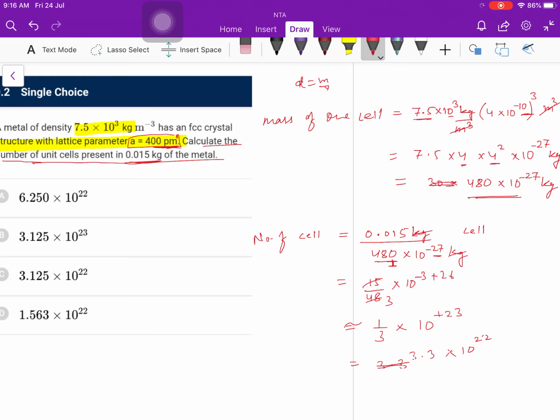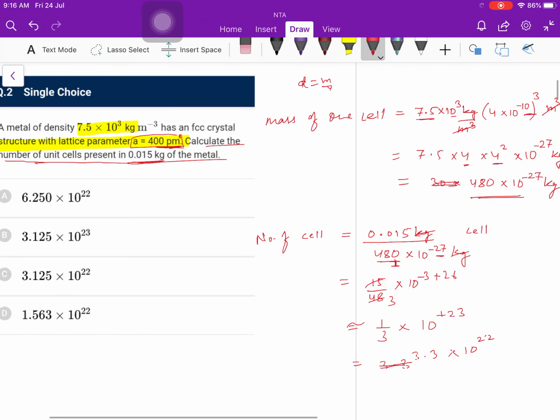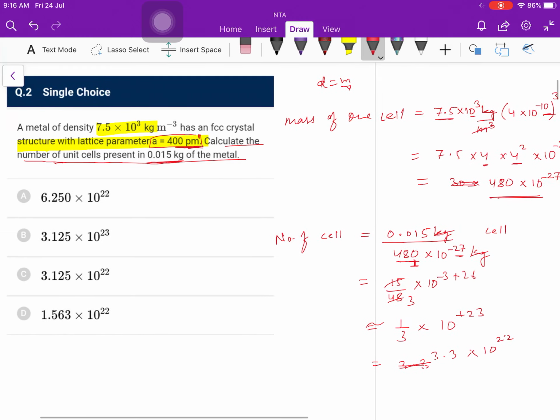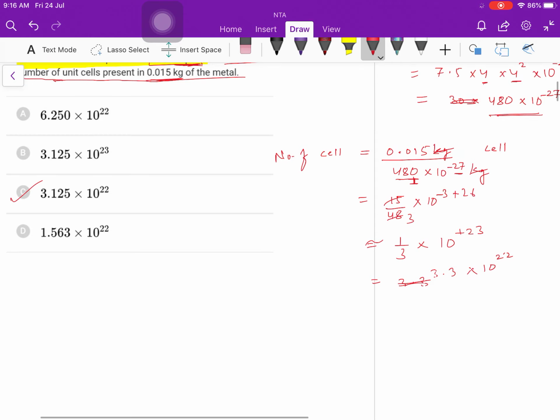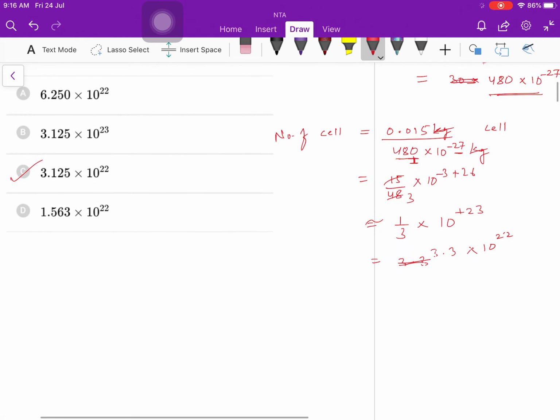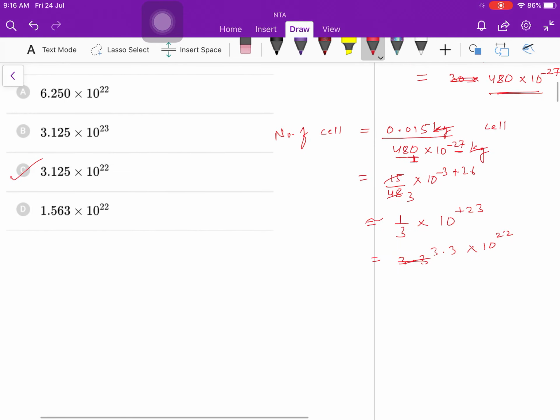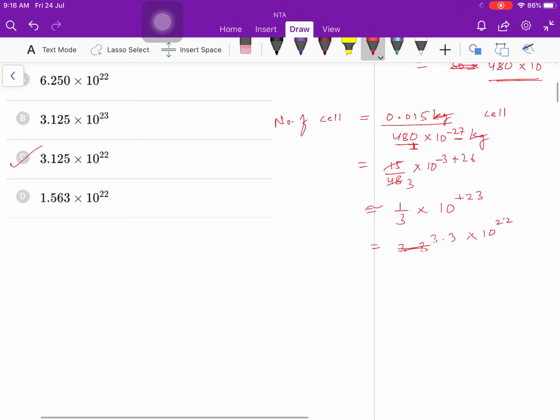So around 3 point something into 10^22. So this should be the answer, because the power is 10^22. It is correct.